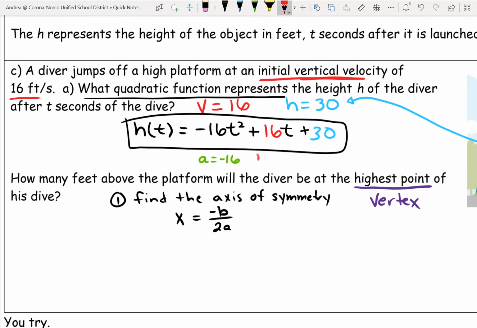The b value is 16. And the c value is 30. Then we plug it in. x equals negative 16 divided by 2 times my a value, which is negative 16.